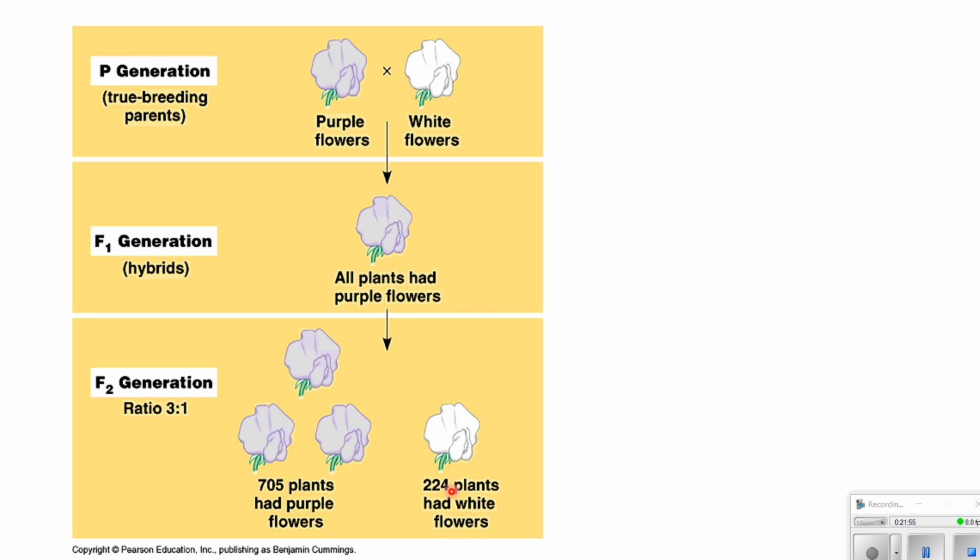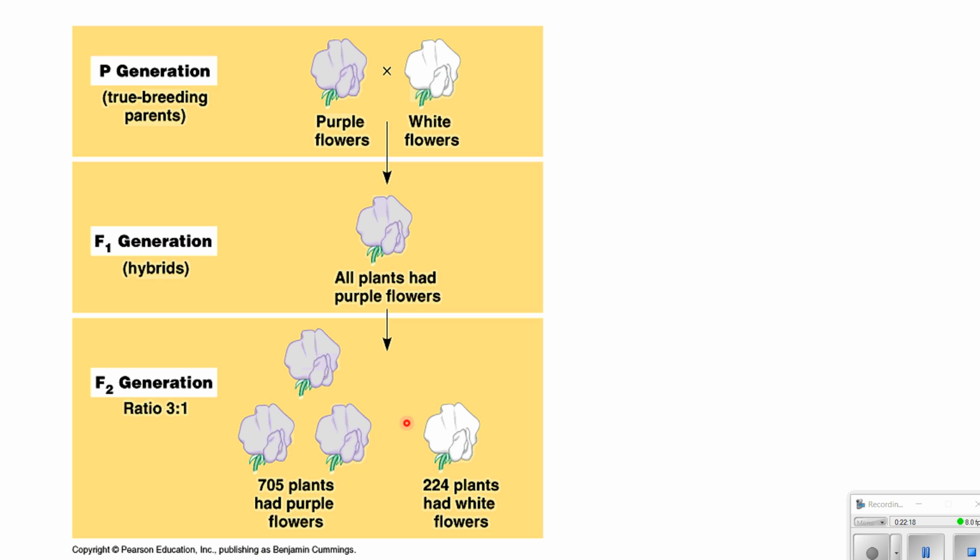That works out to be very, very, very close to 3/4 purple, and only 1/4 of the offspring are showing the white trait. Mendel figured that must be significant. There's got to be a reason why it always turns out this 3-to-1 ratio.